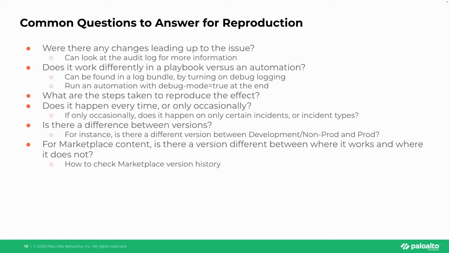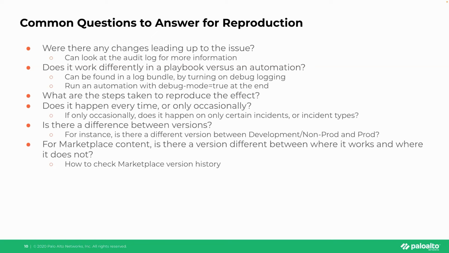It works one way but not the other way. You need to ask yourself, what are the inputs it is expecting when you're running from the CLI, and what it is expecting when you're running from the playbook.